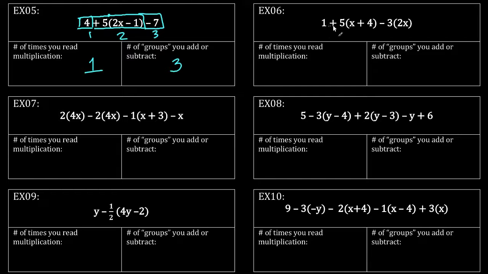Okay, so 1 plus 5 times x plus 4 minus 3 times 2x. 2 multiplication. Let's look at how many groups we add or subtract. So we start off with 1, and then we add 5 times x plus 4. And that's together, because we're multiplying those two things, minus 3 times 2x. Once again, we have 3 groups, it looks like.